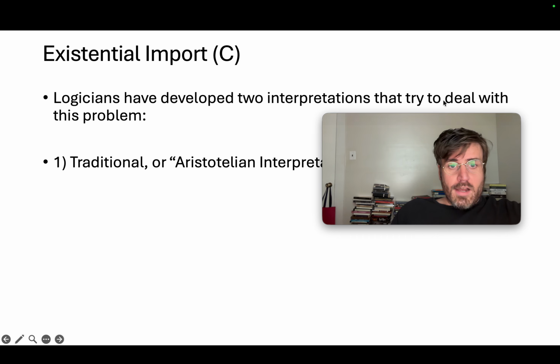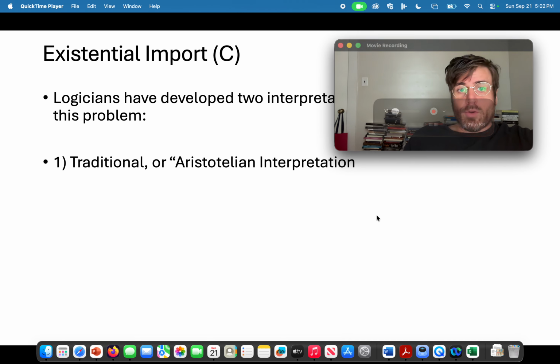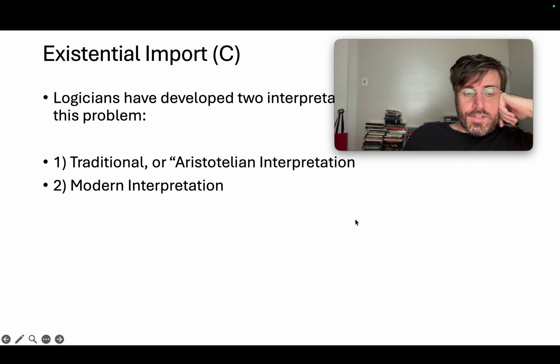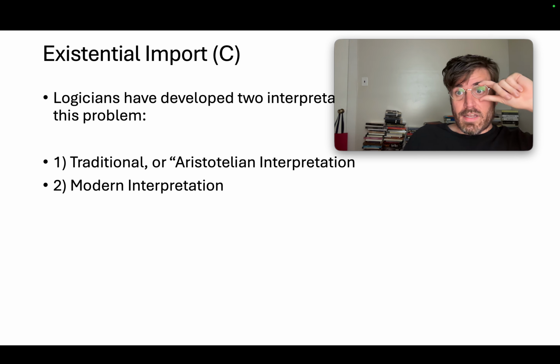The first is referred to as the Aristotelian or traditional interpretation of logic, coming out of Aristotle's systematic logic. In Aristotle, we have a particular approach to the question, and then we counterpose the Aristotelian or traditional approach to what is known as the modern interpretation. And there are some significant differences between these two branches of categorical logic.